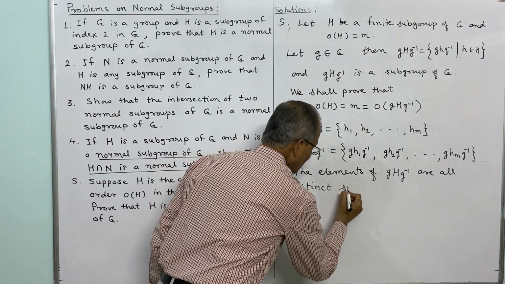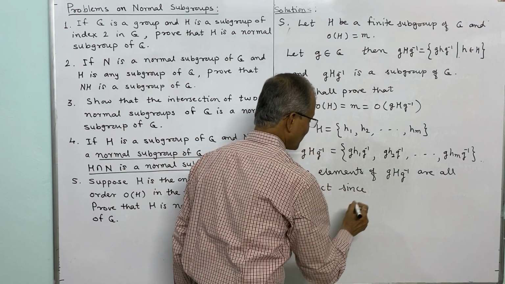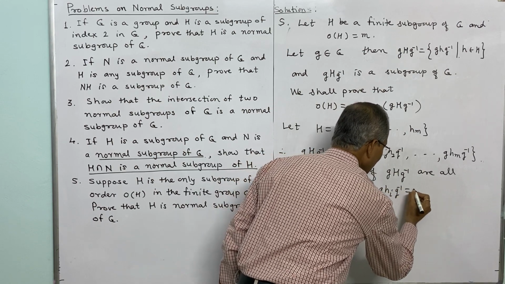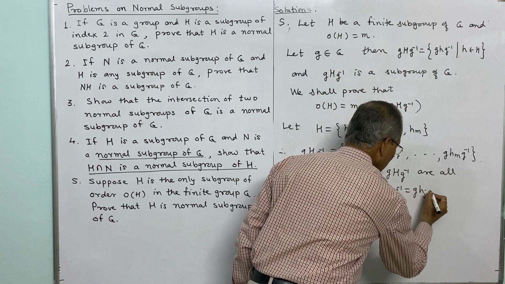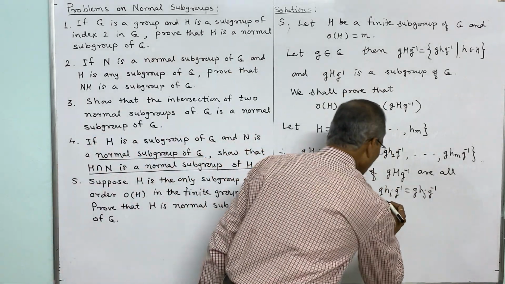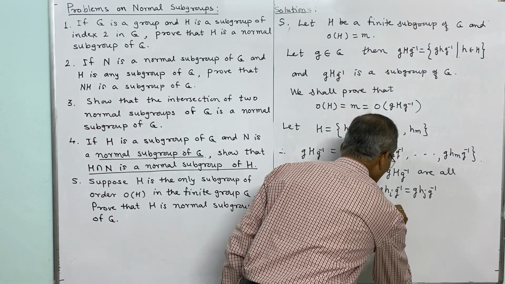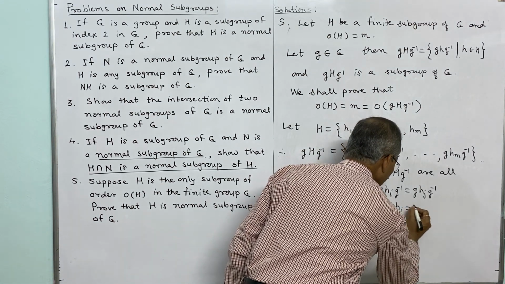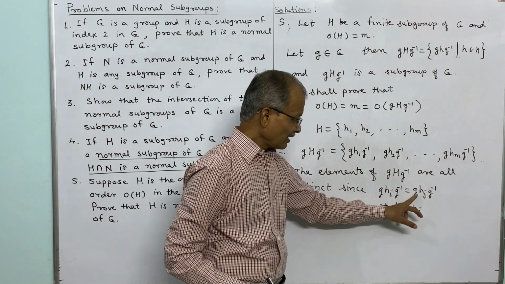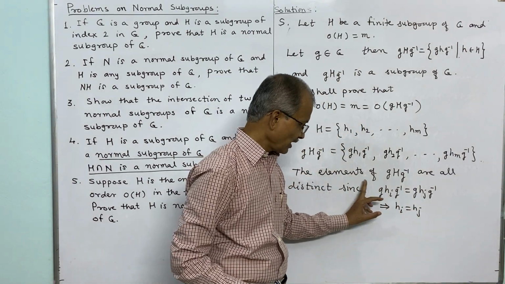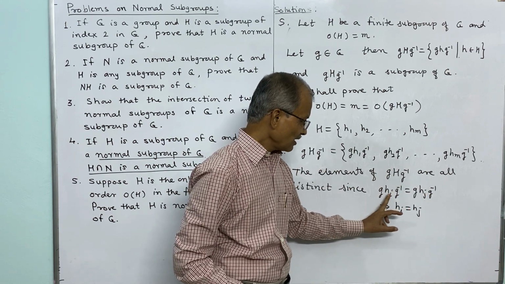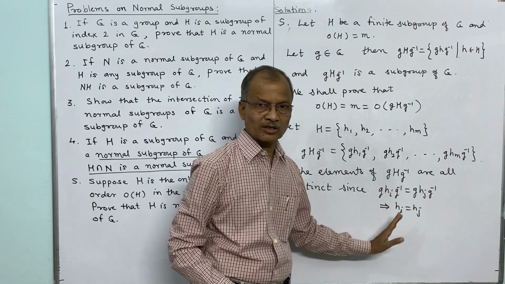Suppose g hi g inverse is equal to g hj g inverse. Then this implies hi is equal to hj. Pre-multiplying by g inverse, the g cancels. Post-multiplying by g, the g inverse cancels, and hi is equal to hj, since the cancellation law holds.